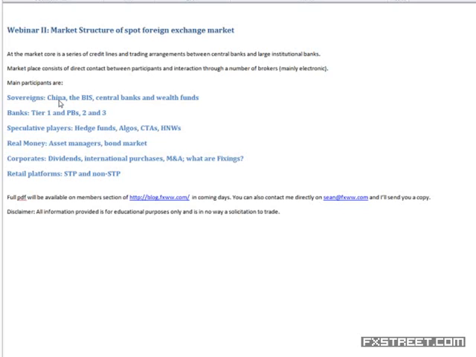So they're the banks at the center of the market. All of these tier 1, tier 2, tier 3, and sovereign names and banks have credit lines with each other. So generally speaking, for instance, two of the tier 3 banks may not, for whatever reason, have credit lines with each other. For instance, some countries will not allow their banks to have credit lines with other countries for political reasons.